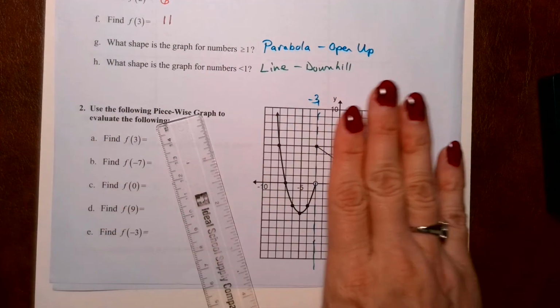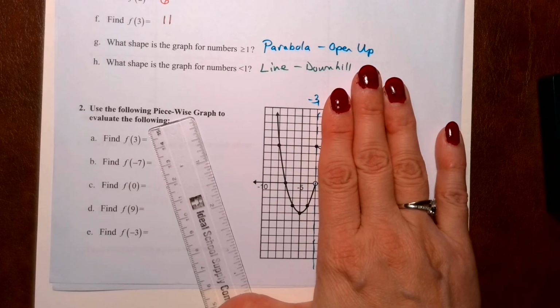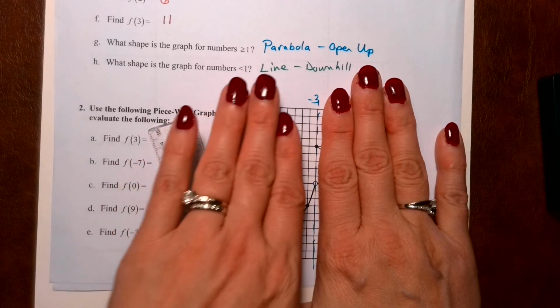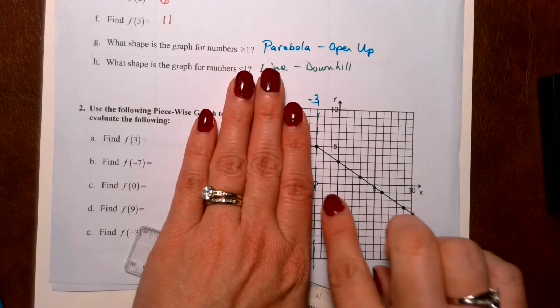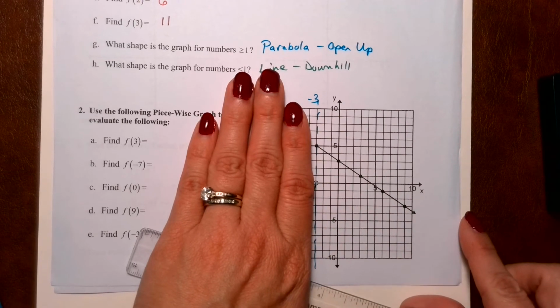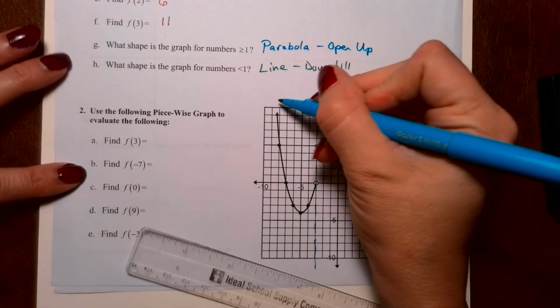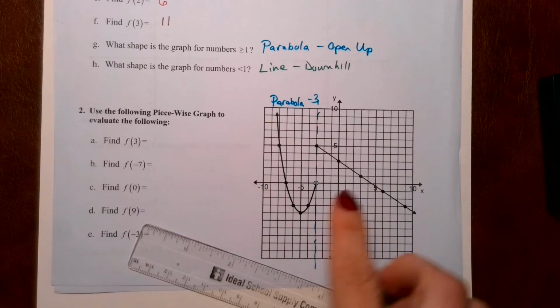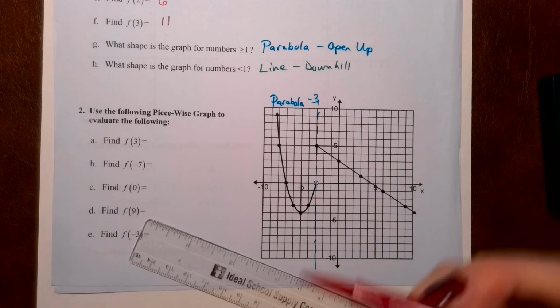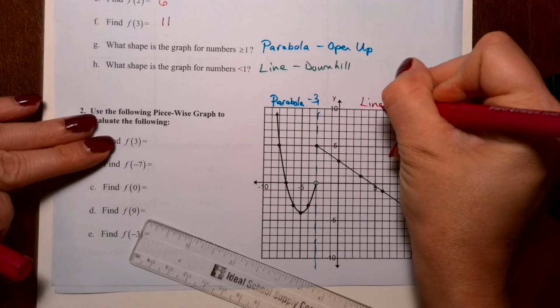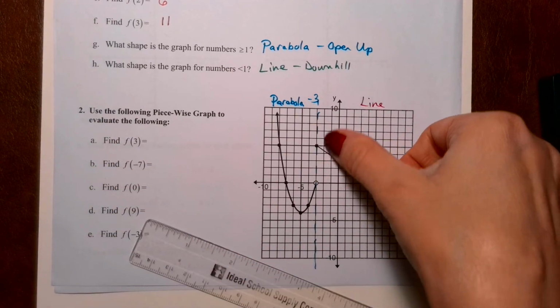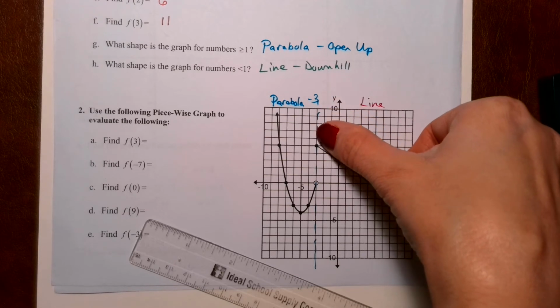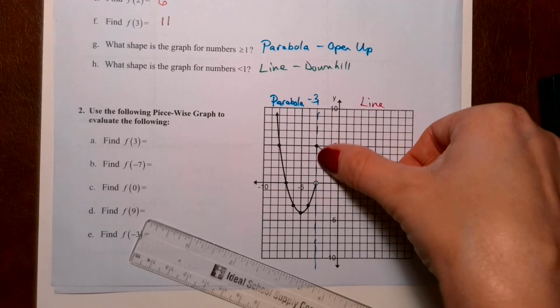If you are left of -3, you're the parabola, but to the right of -3, you're definitely the line. So this side over here is the parabola, and everything to the right going this way is the line. The question is, what do you do at -3? Which function do you use?